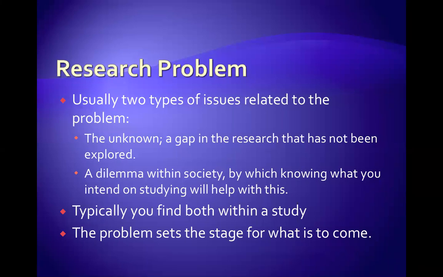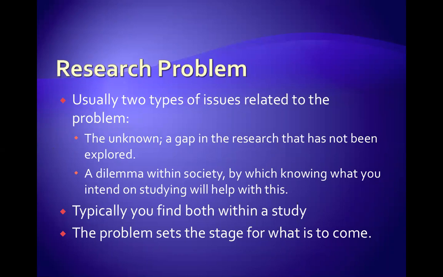But the other research problem is that there's a dilemma within society. There's a problem that is occurring in society, that by studying it and understanding it more, we may be able to help with the dilemma.